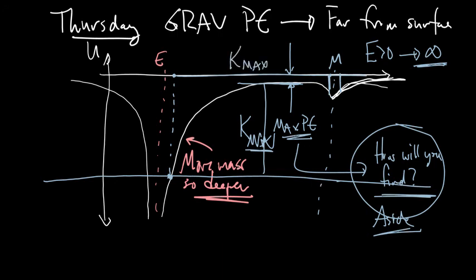This is our K max. So we want energies that fit in this band here, so that we don't go past the Moon and go off and explore other planets.